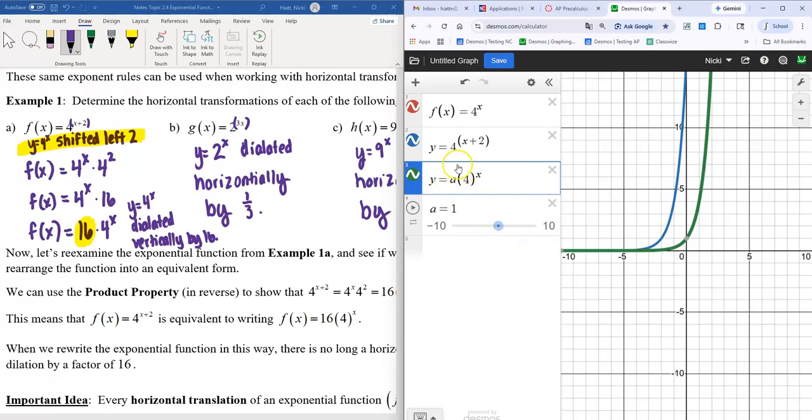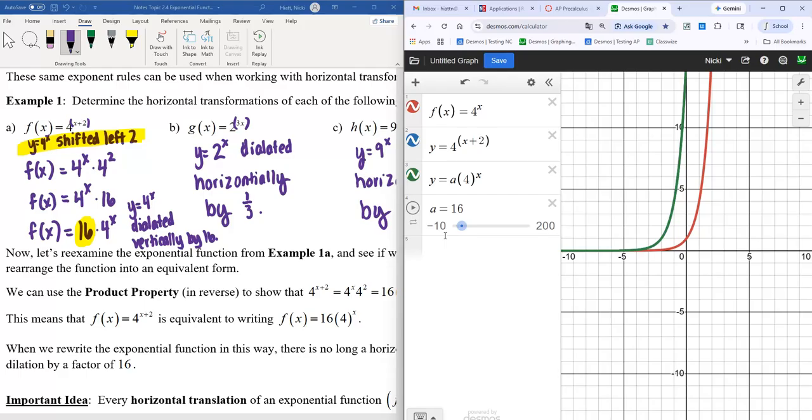This is a vertical dilation. That means we're stretching that graph up taller and skinnier. Notice as I change that, that green line gets closer and closer to the blue line. I'm going to have to change this up here where this goes up higher. And if I get right there at 16, it's exactly the same, right?